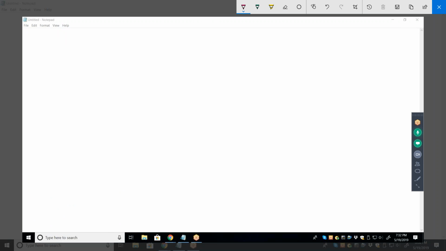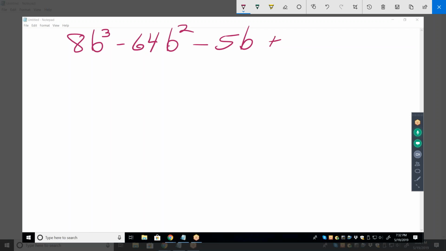All right. 8b cubed minus 64b squared minus 5b plus 40. Okay. First test is, can this be factored by grouping? Yeah. Why? Because 8 and 64 is 1.